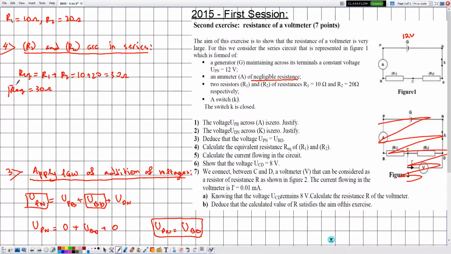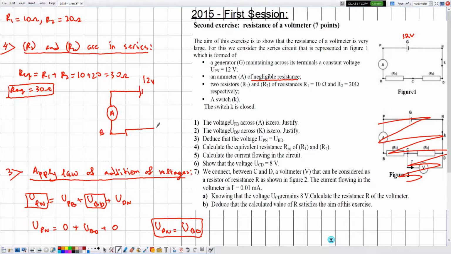Whenever we calculate an equivalent resistance, we redraw the given circuit, replacing the grouping of the resistors by the equivalent resistance. This is the battery of 12 volts. This is the ammeter A. Now the equivalent resistor replaces the two resistors R1 and R2, therefore the point C will disappear.